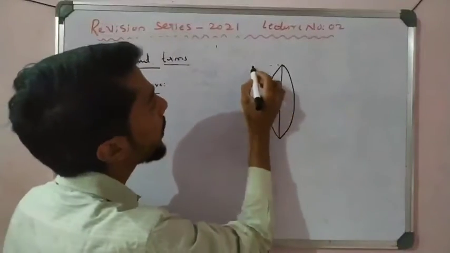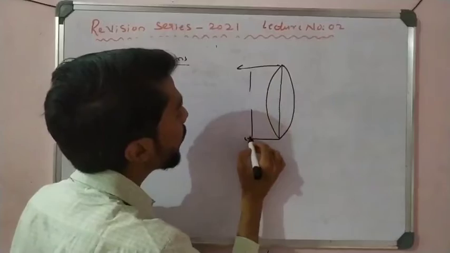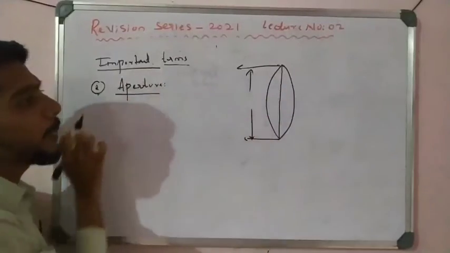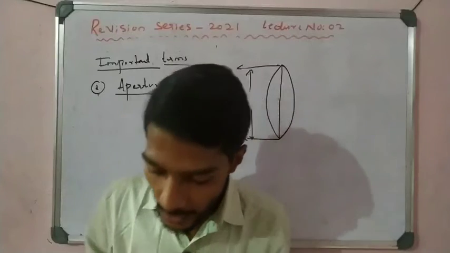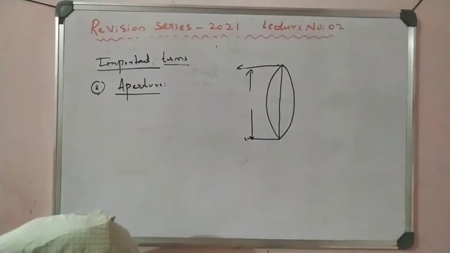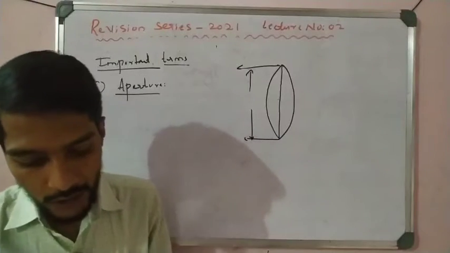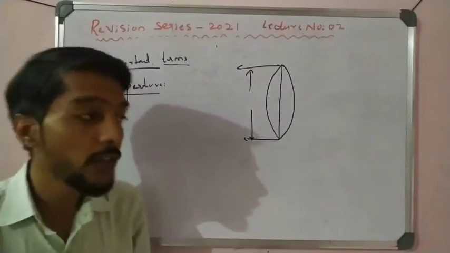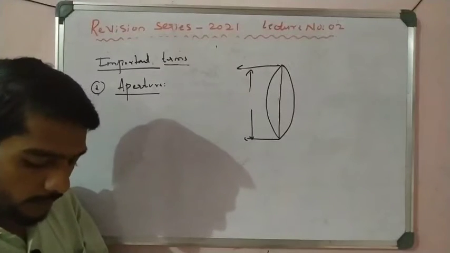This whole part from here to here, the full part, is called the aperture, right? So the diameter of the refracting surface is called the aperture. You have to remember that point. What aperture means is the refracting surface of the spherical lens.